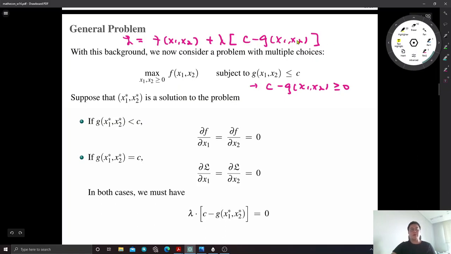Then this constraint term drops out of the Lagrangian, so now the Lagrangian is just the same as the objective function we want to maximize. So the standard stationarity condition of the Lagrangian, I mean this condition, two partial derivatives equal to 0, is the same as having a stationary point of the Lagrangian.